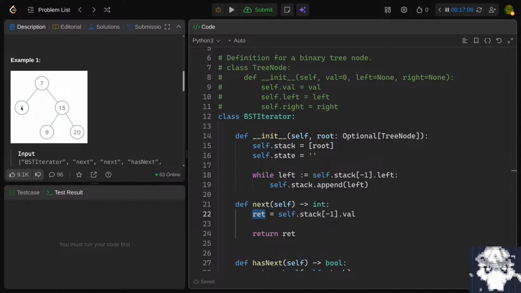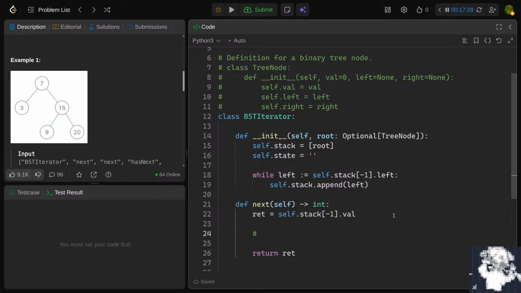Then you go right. And anytime you go right, you then go all the way left afterwards. So we either go up 1 or we go right. Then full left.